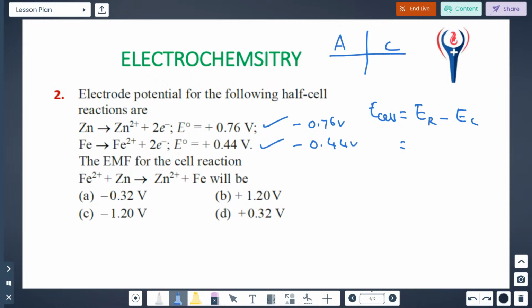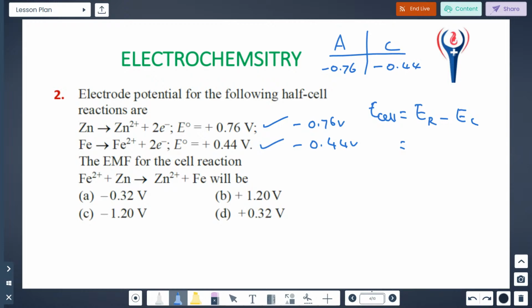When compared, the anode half cell will be the large negative, so on the left hand side I put this value, and on the right hand side minus 0.44. Understood? So simply remember, right hand side minus left hand side.